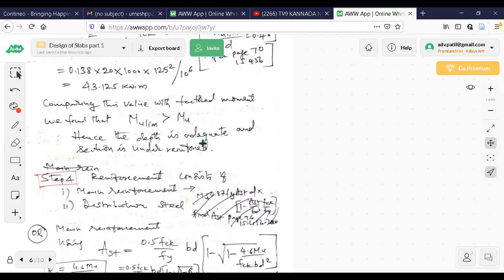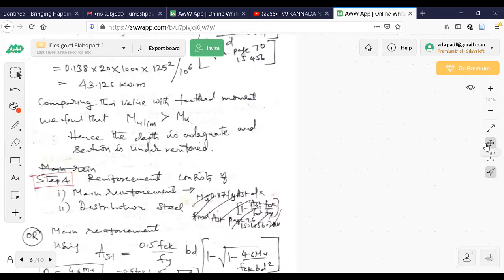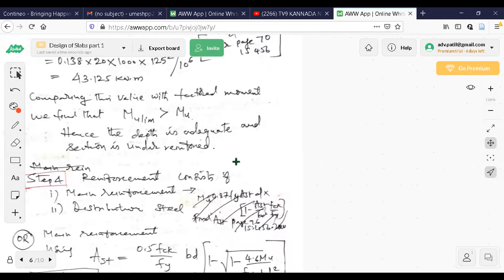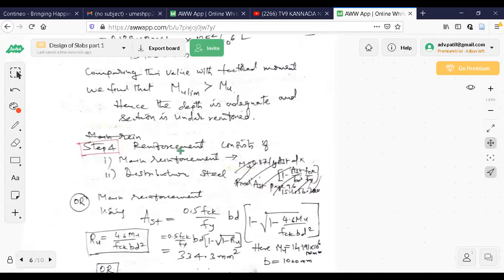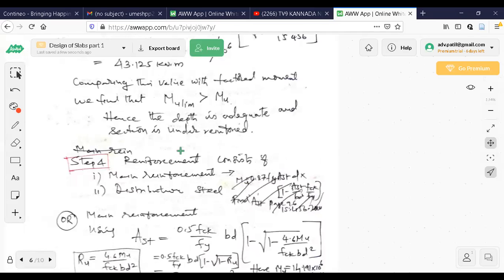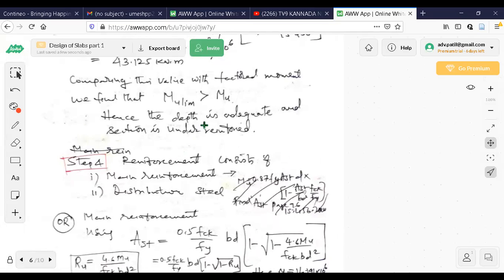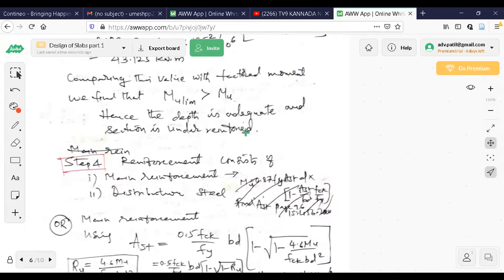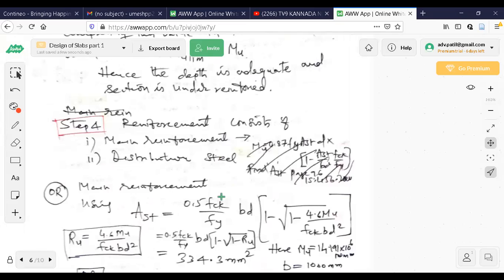Then you say that this is the final design. But in the examination, economy should not be considered. Otherwise, you'll be wasting a lot of time there. So comparing the value with factored moment, we find that Mu limit is more than Mu. So the depth is adequate and section is under reinforced.